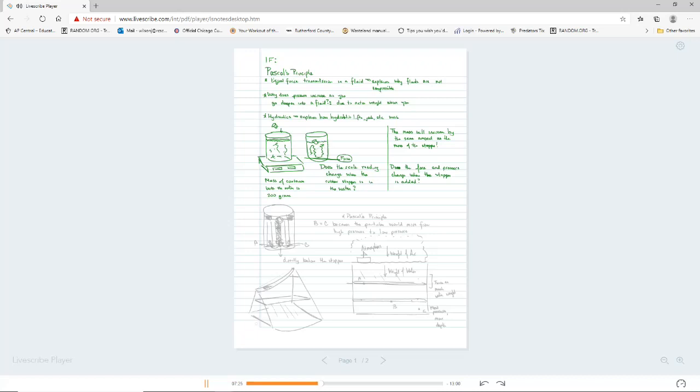So let me ask you this. Let's take this container one more time, and I'm going to make it a little bit bigger. And here's what I'm going to ask you now. Here's my rubber stopper doing its thing, sitting on top up there.